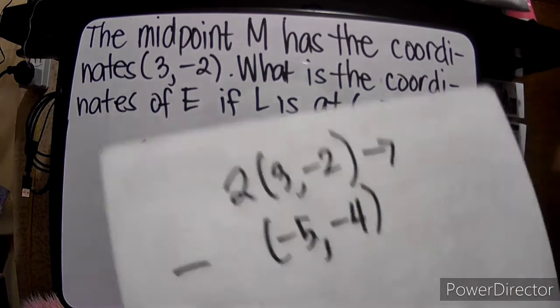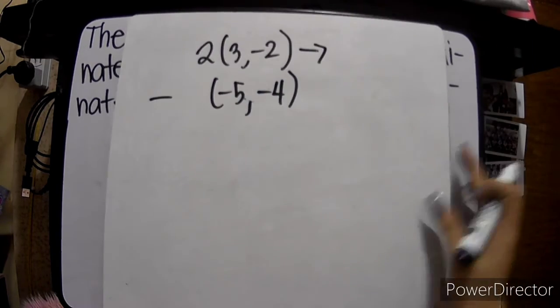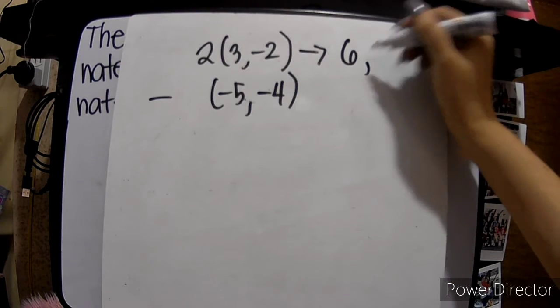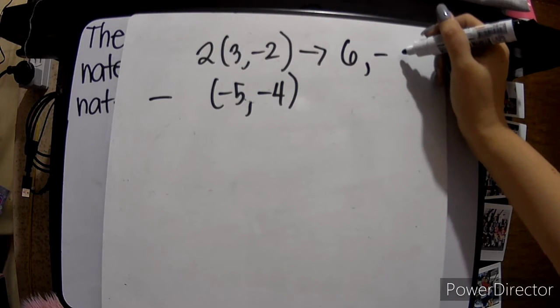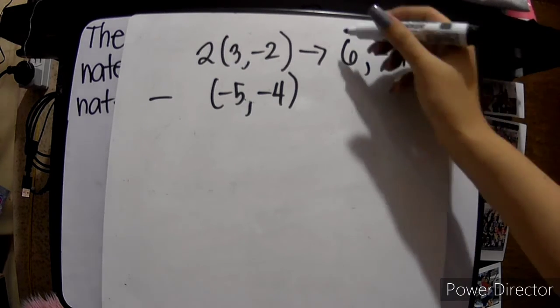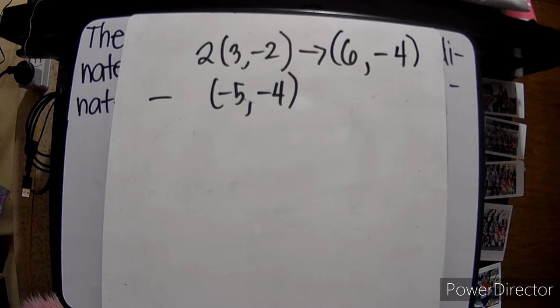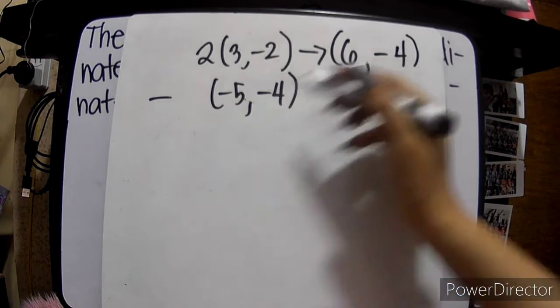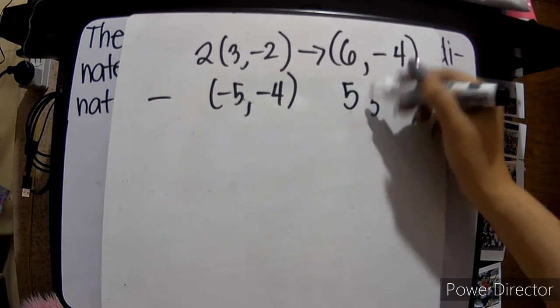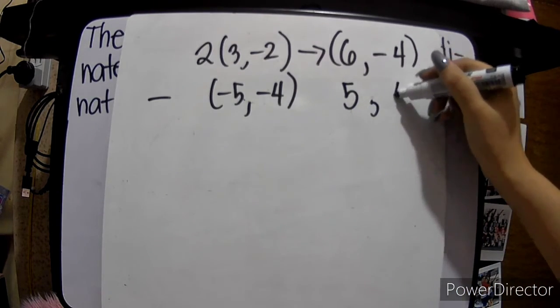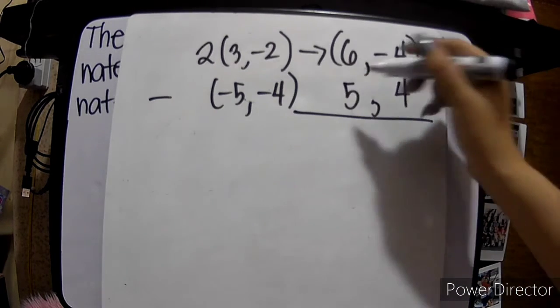So, yung naka-times ay 6, negative 4. And remember, kapag nagsasubtract, diba, nag-change ng sign ng subtrahend. So, ito ay magiging 5, and ito ay magiging positive 4.